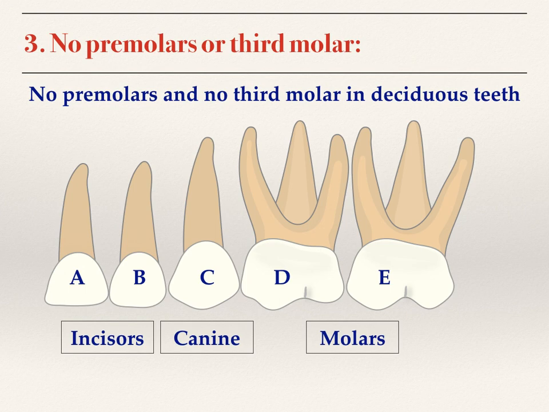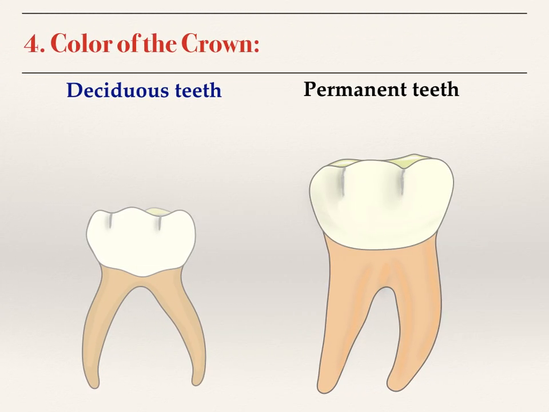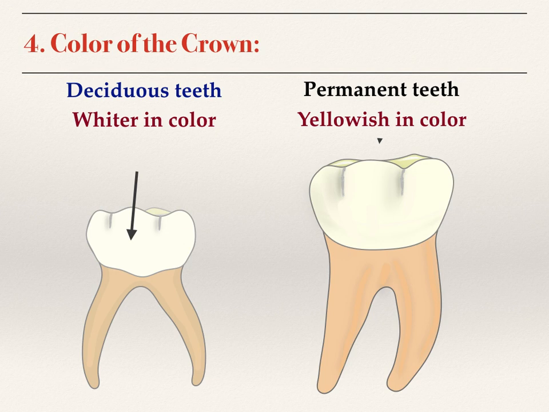Color of the crown. In deciduous teeth, the crown is whiter in color, as you see, while in permanent teeth it is yellowish in color.